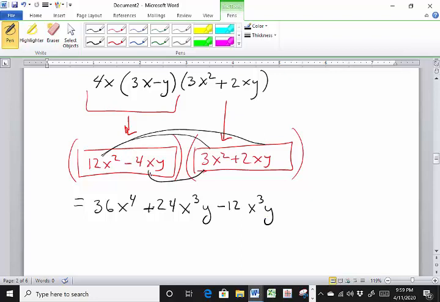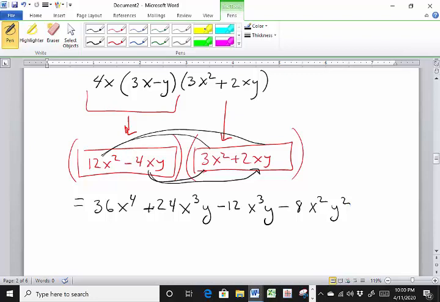And then minus 4xy times our last term, so that's the L in the FOIL for last. So that's going to be minus 8. Negative 4 times 2 is negative 8. X times x is x squared. And then y times y is y squared. And I think that's going to be it.